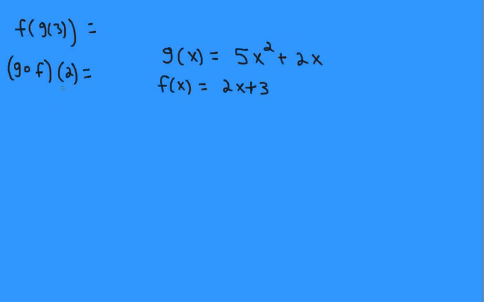Now we're going to work on some more difficult examples. So now we're going to find f of g of x. So first, what we're going to do is do this in two parts. First, we're going to find what g of 3 is.